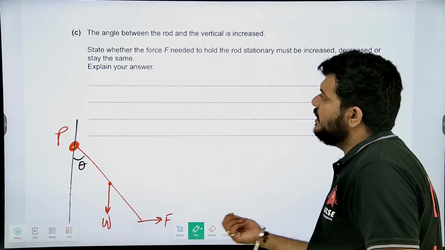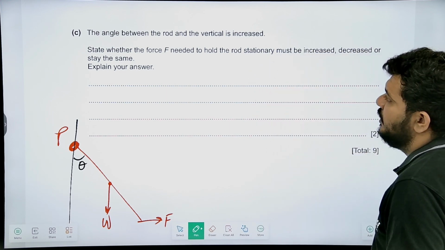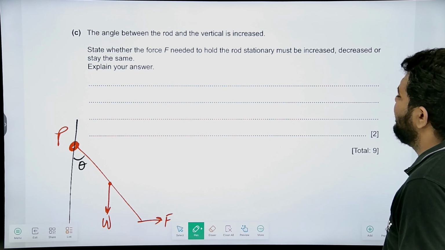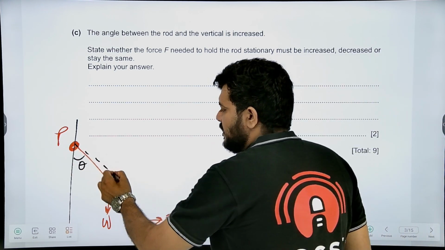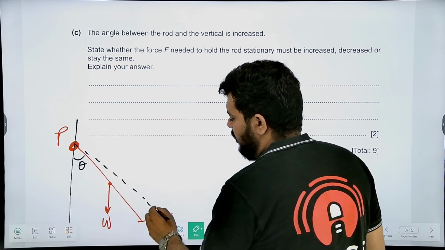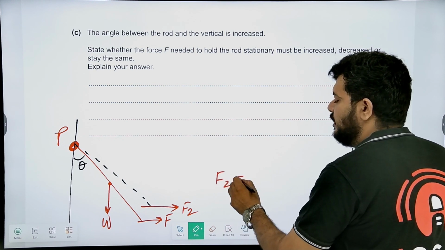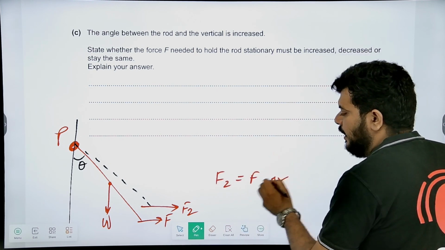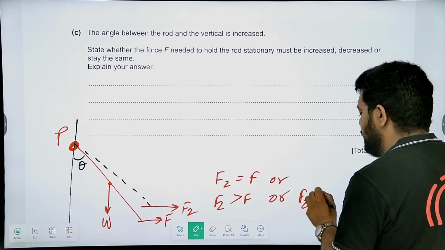If this theta is increased, state whether the force F needed to hold the rod stationary must be increased, decreased, or stay the same. So what will happen? If you take it over here, what happens to F2? Is F2 equal to F, greater than F, or less than F?